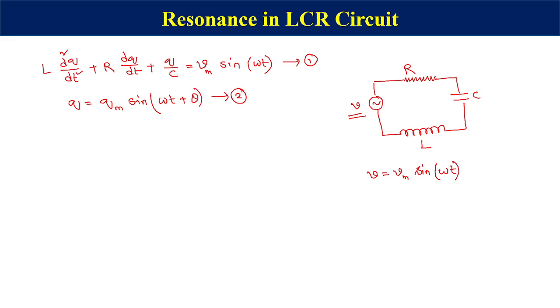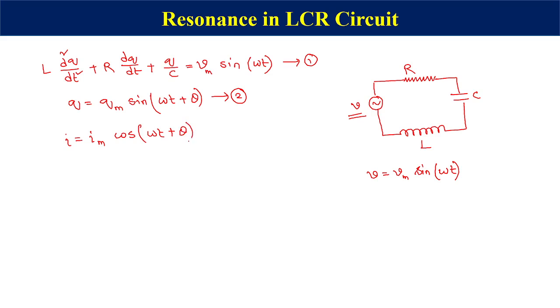Finally we arrived at an equation for the current, I is equal to Im cos of omega t plus theta.